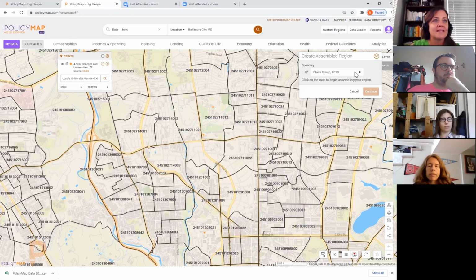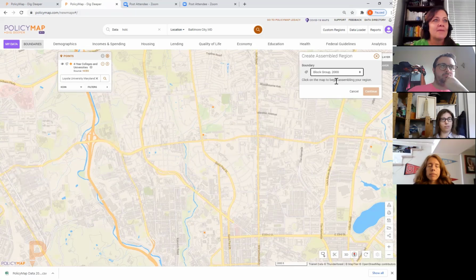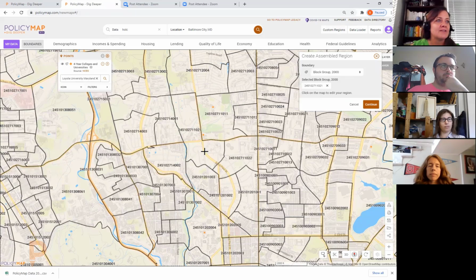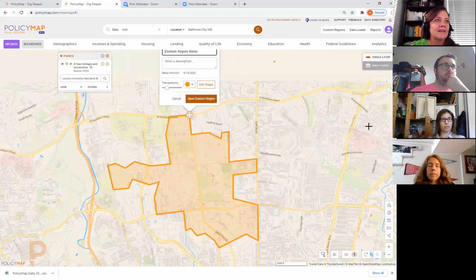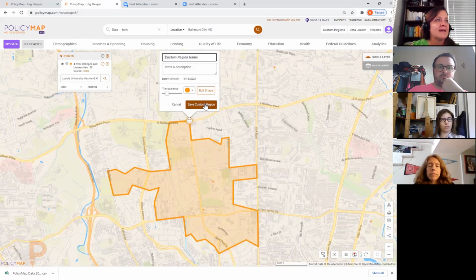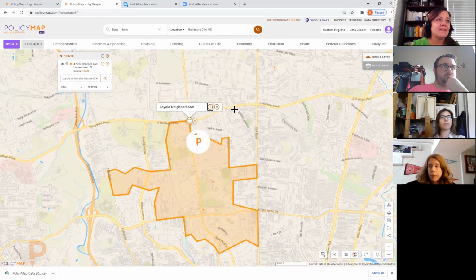So maybe if I wanted to take a look by block group or by zip codes, I can start to say, okay, I want to find out everything I need to know about this area that I just created. And again, I can just call this my Loyola neighborhood and save this. And then I can start to pull down that data from here.